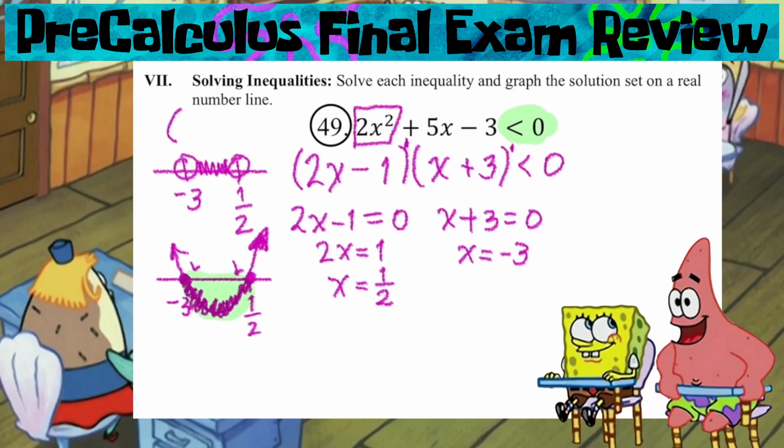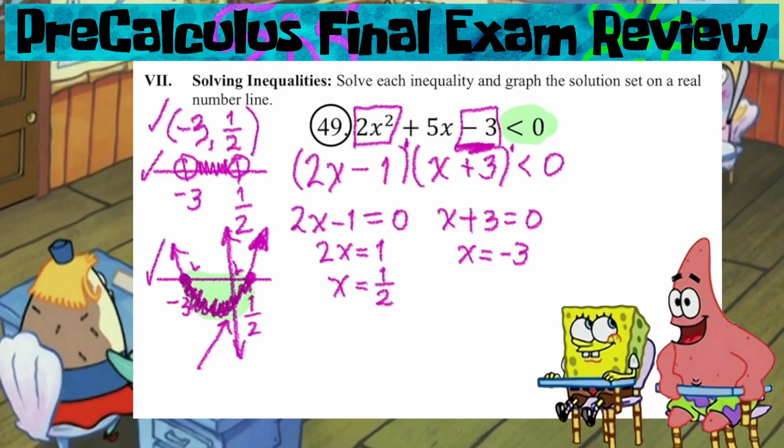What's that interval notation look like? Parenthesis, negative 3, comma, 1/2. So this interval notation answer, this number line representation, this total visual graphical representation, that would be your answer. Your y-intercept would be negative 3 because plugging in 0 for x, and so on.